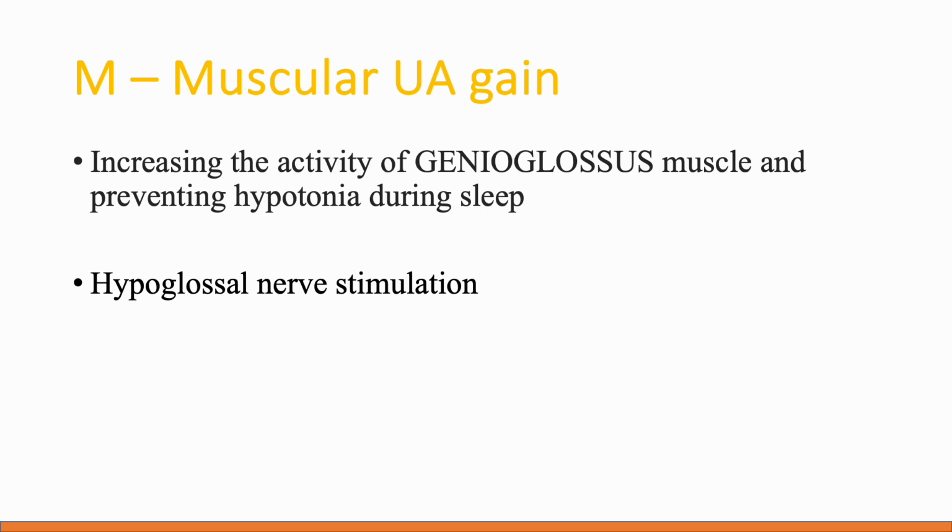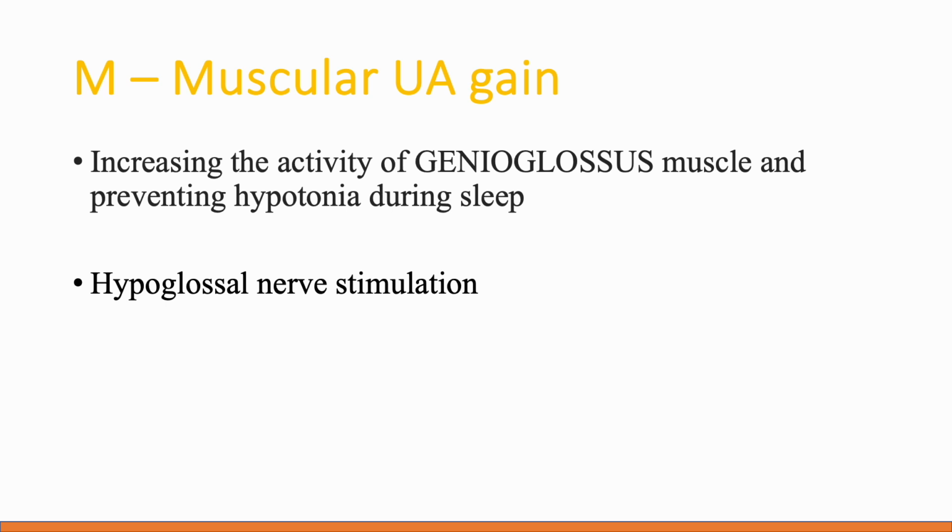Now here, whenever there is an obstruction, we see that out of all the upper airway muscles, the genioglossus muscle is the one that is most important in maintaining upper airway patency. There are other muscles that regulate the position of, say, the hyoid bone, the geniohyoid, the sternohyoid, and there are pharyngeal constrictors also.